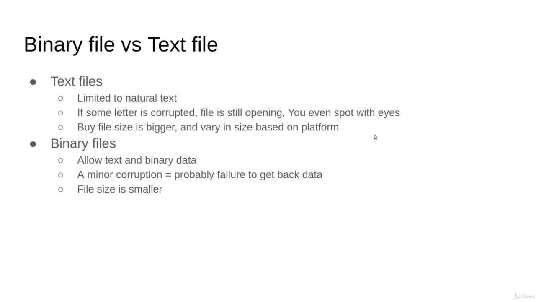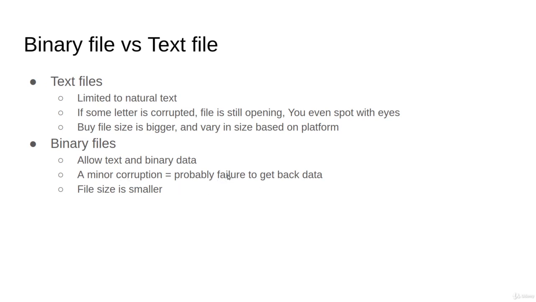So from a platform to another, like Windows, Linux, specific versions, the file size itself might vary. On the other side, the binary files, you can write very, very binary things. And one of the issues with it, if you did any minor corruption to the file, you probably will fail to open it.